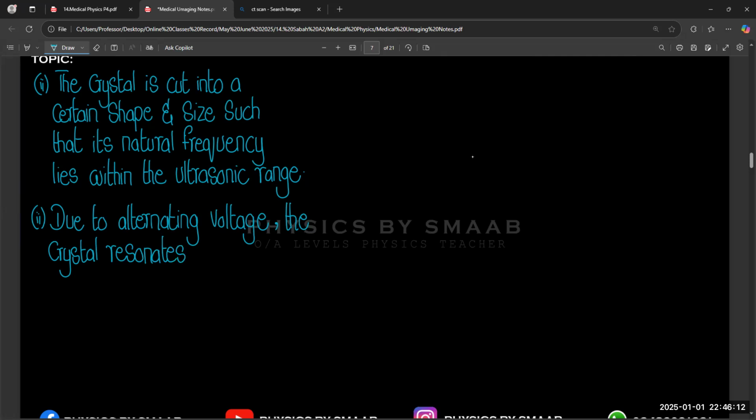Because we use such a shape and size that it lies within the ultrasonic range, it will remain in the ultrasound range and produce waves in air.